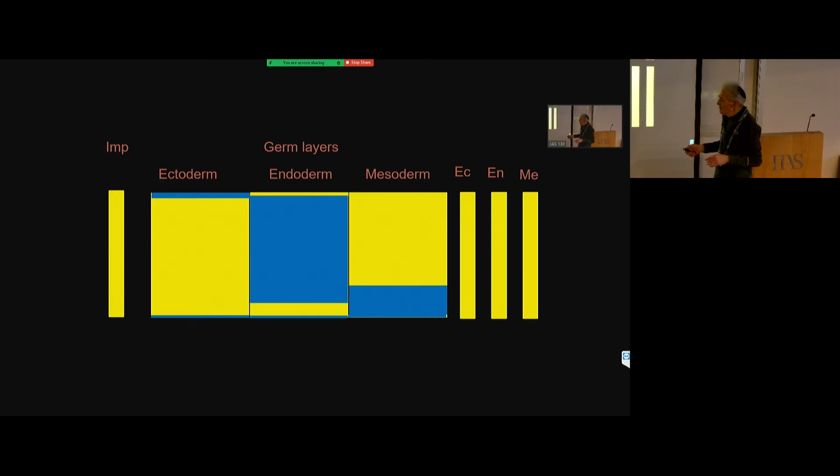And we now take a look at changes between implantation and ectoderm, endoderm, mesoderm. And these are all the places where there's demethylation in these tissues. I'm sorry I don't have the quantities here. There's a good reason for it, but I'm not going to go into it.